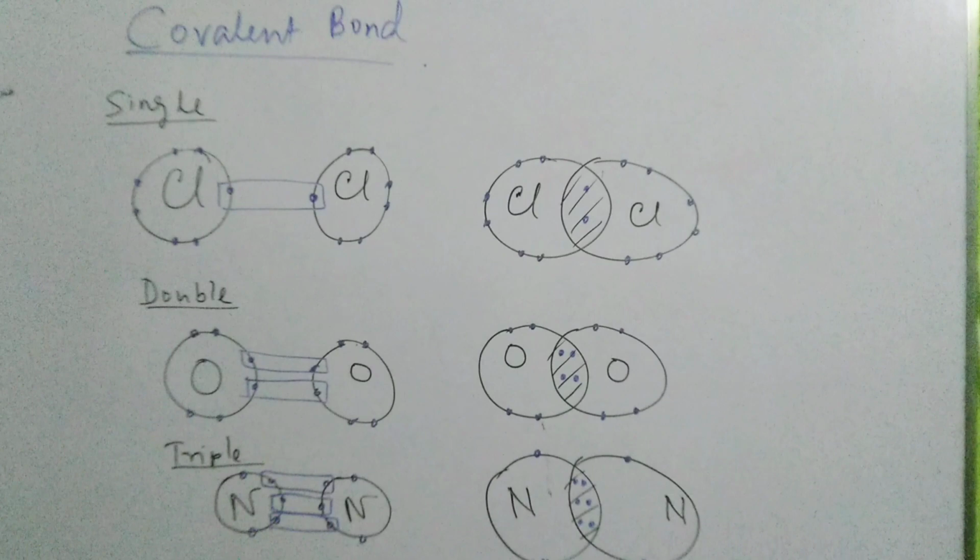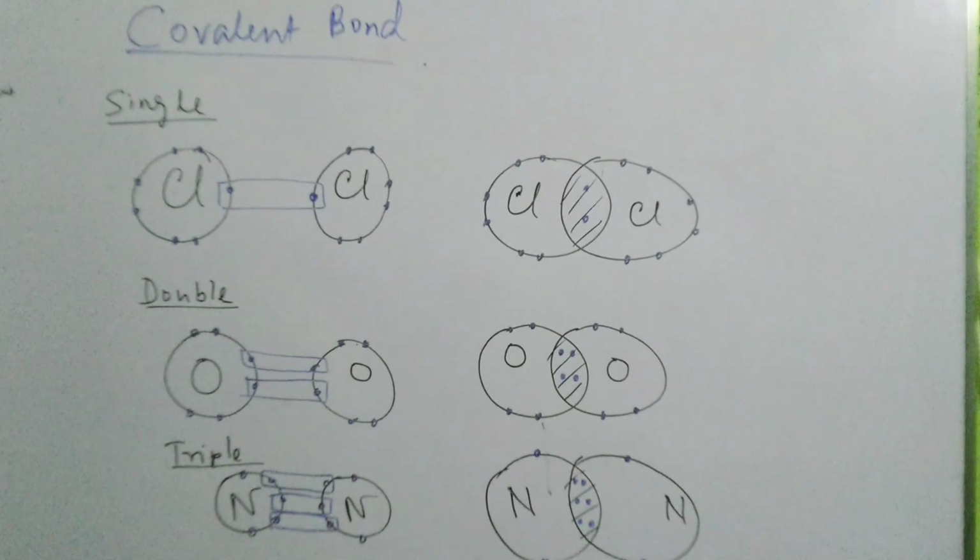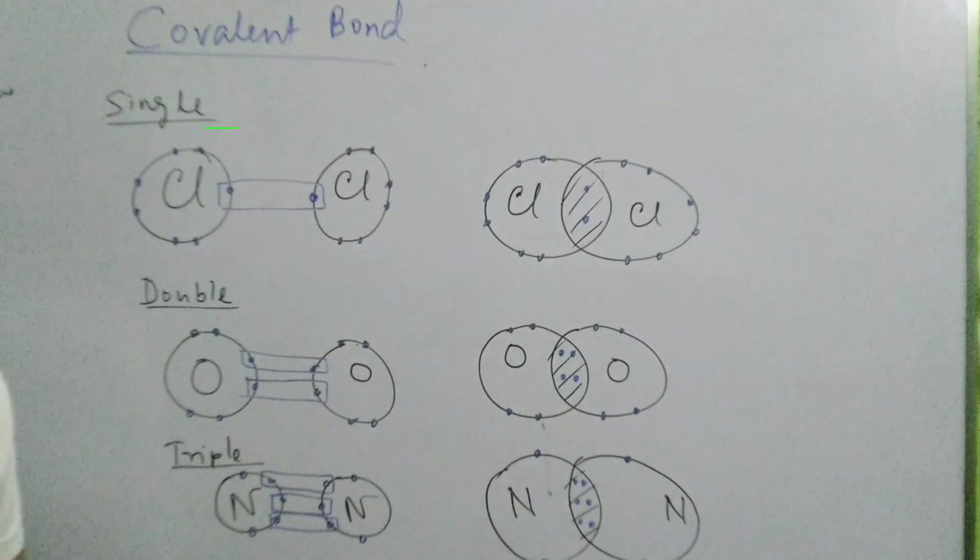So this is how bonding is done, and electrons are shared to form covalent bonds. I think the concepts of both electrovalent or ionic bond and covalent bond are clear to all of you.